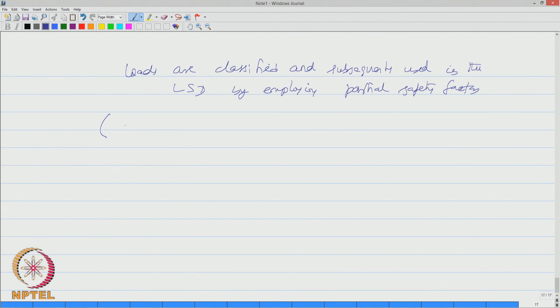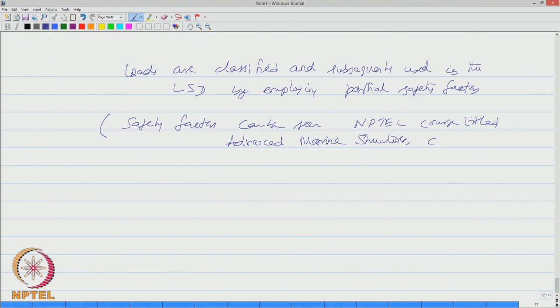More explanation on safety factors can be seen in the NPTEL course titled Advanced Marine Structures, in the ocean engineering discipline offered by IIT Madras.